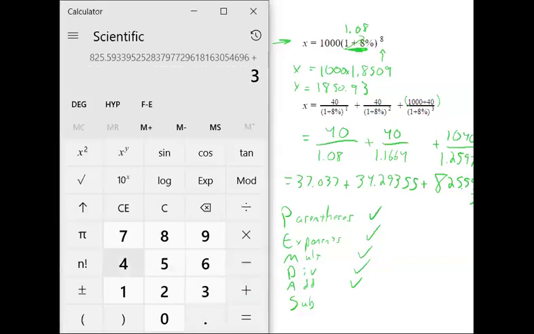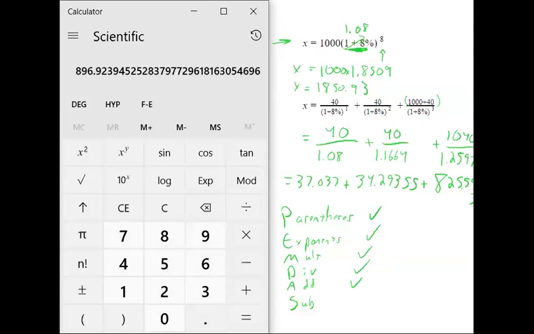Plus 34.29355 plus 37.037 equals 896.92. So $896.92, and you are good to go.